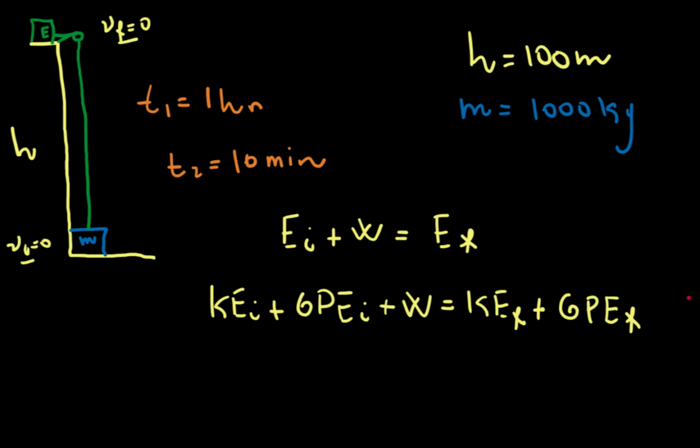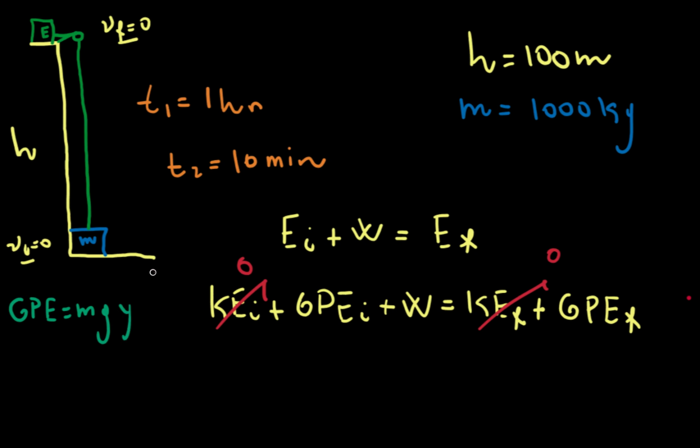Now we already said the kinetic energy will be 0 because it's not moving at the beginning. Remember, kinetic energy is the energy of motion, so the thing is not moving and doesn't have any. And then up here, we will allow it to get to rest, so kinetic energy here is also 0. Now the last thing is gravitational potential energy. Let me write this on the side here. Gravitational potential energy equals mass times gravity times the point in the y direction you're at.